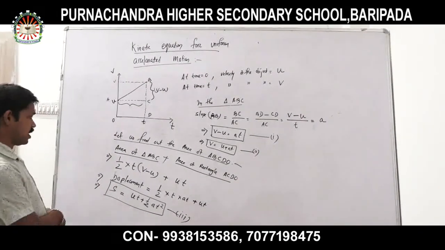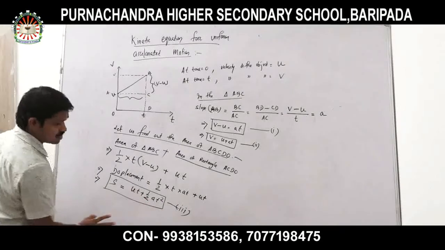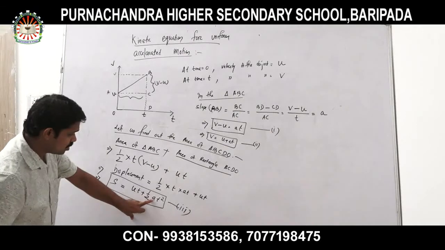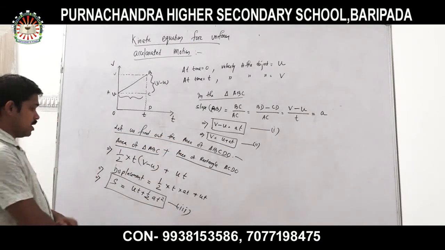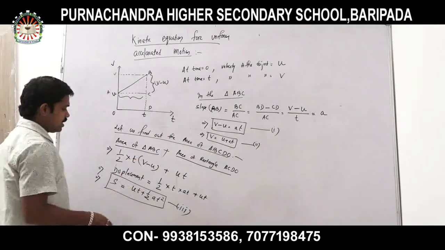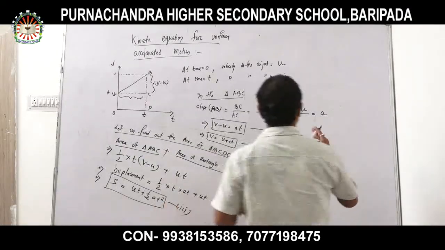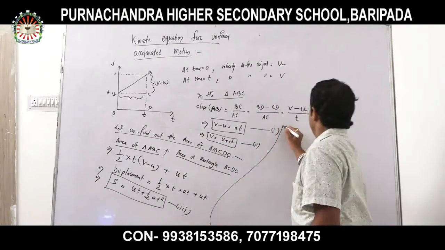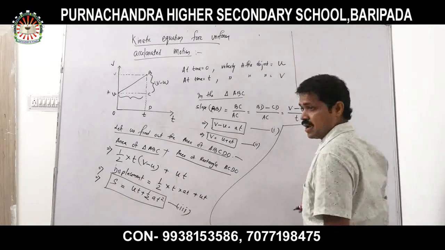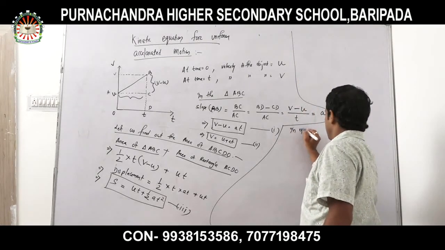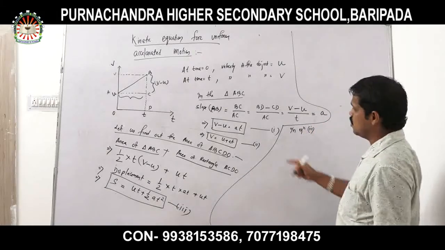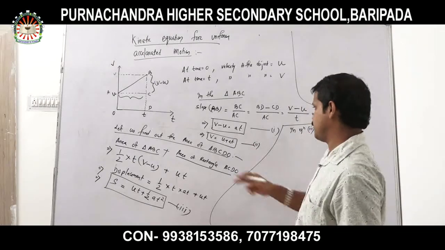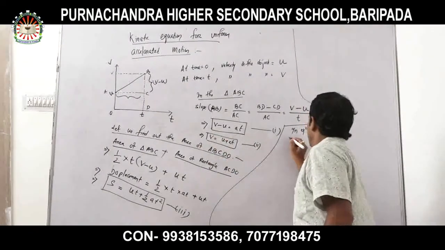So this is my equation: S is equal to UT plus half AT square. Clear? Now the value of AT is V minus U. Look at it, AT is V minus U. In equation number 3, I have to put the value of this, so simply I have to rewrite it.